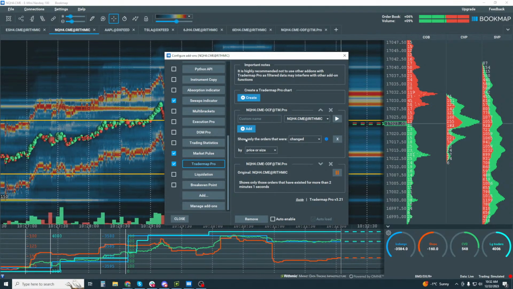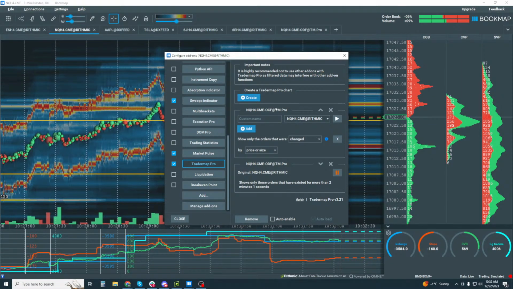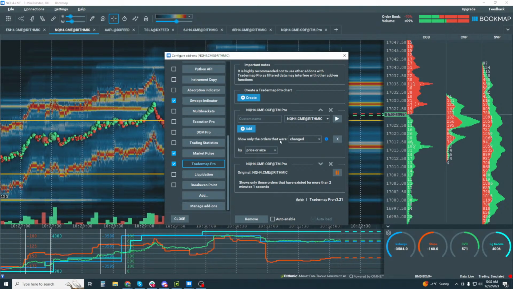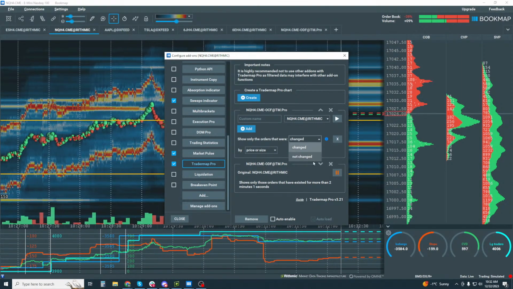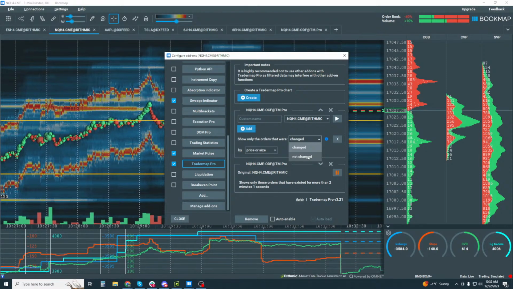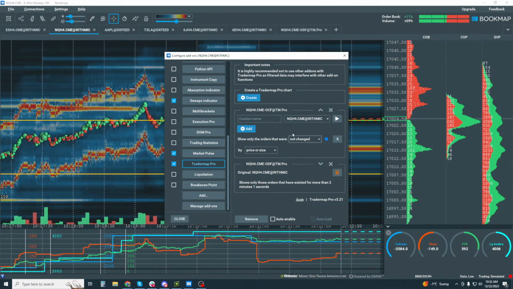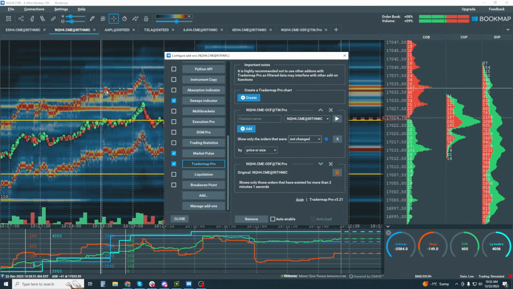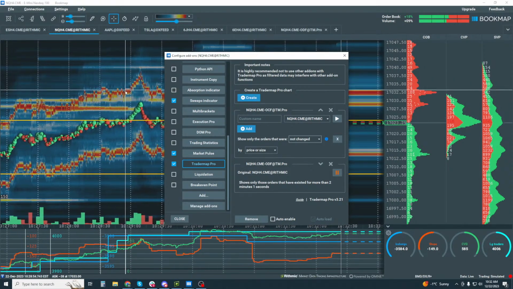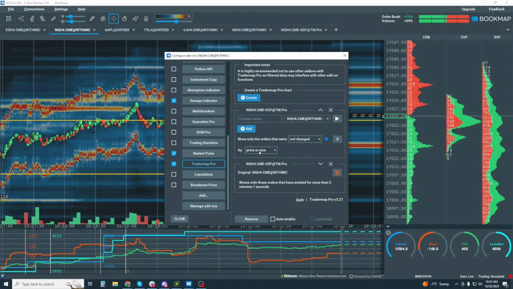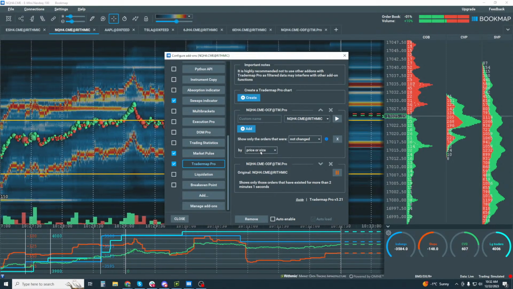We're going to filter our heat map to show only orders that were, and then we're going to select not changed. What that means is that these orders in here that continually change by price or by size will be filtered out.